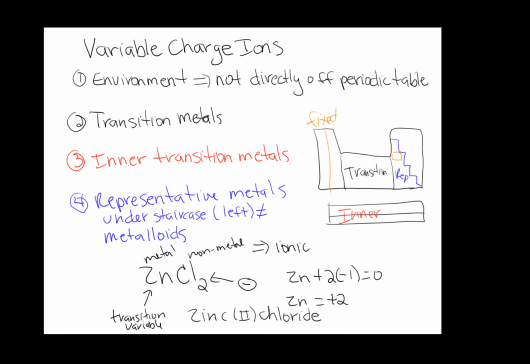So that's called the Stock system. And again, I highly suggest doing the nomenclature section if you're not comfortable with it, as long as it doesn't take too much of your time. But I do suggest you go back and review that nomenclature section when you're doing these ions and these charges.